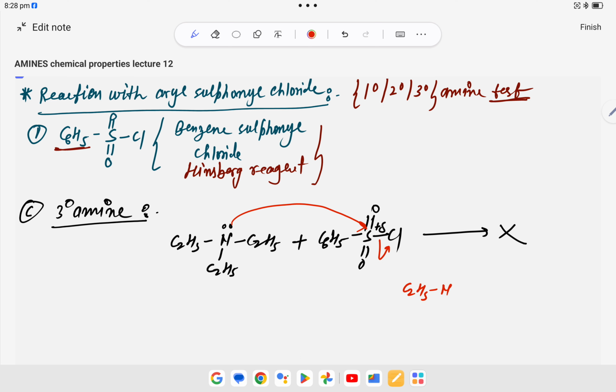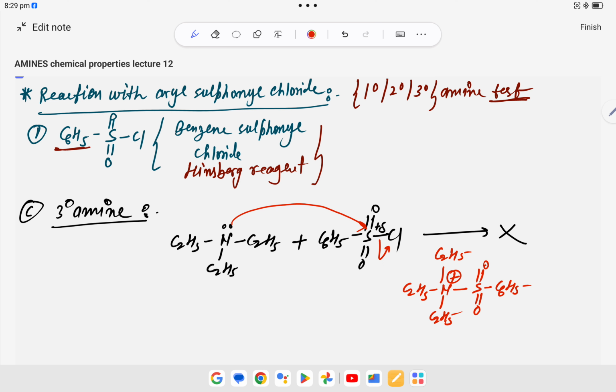C2H5 nitrogen positive, with C2H5 and C2H5, and sulfur and C6H5. So what happened here, children?